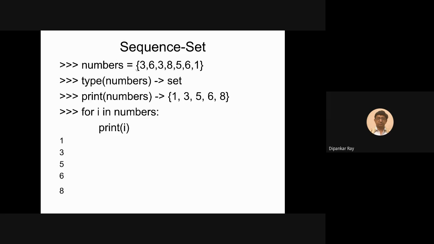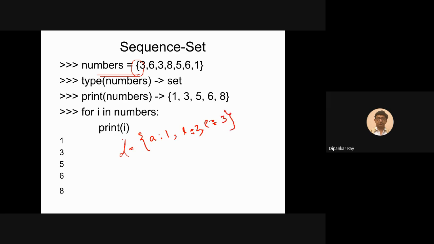Here, this bracket indicates it is a set. But where else do we use this bracket? We use this bracket to represent a dictionary also. So we write the dictionary as d is equal to a colon 1, b colon 2, c colon 3, and so on.